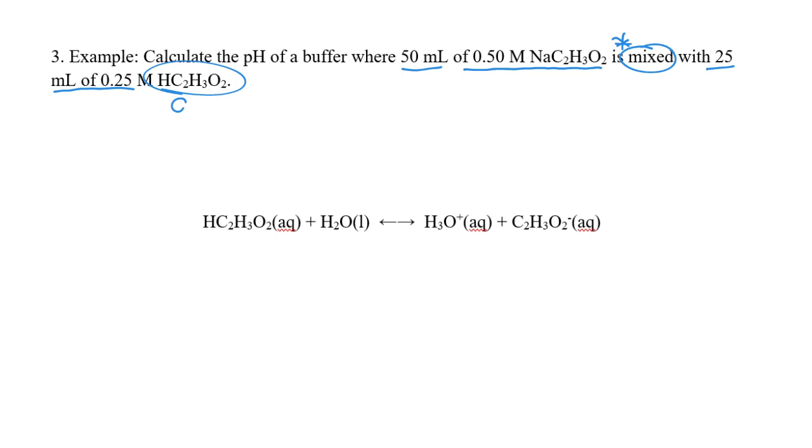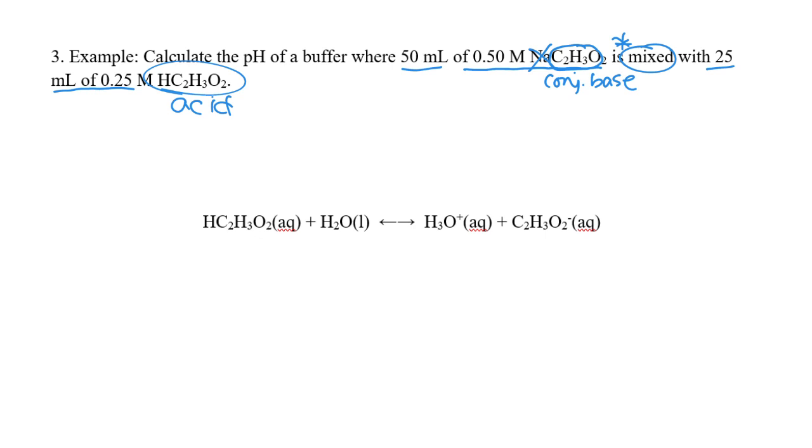Okay. So this is my acid, and sodium acetate, the common ion that is in sodium acetate is going to be acetate. Sodium is going to be a spectator ion. This guy right here, acetate, is the conjugate base of acetic acid. So what I need to do is find these concentrations, the new concentrations after they're mixed together.